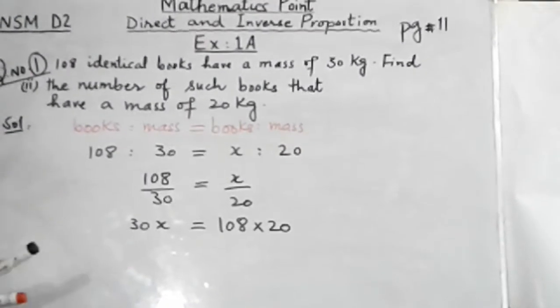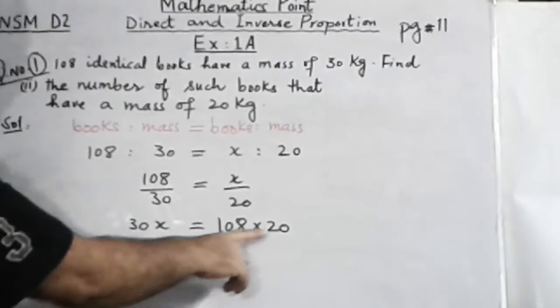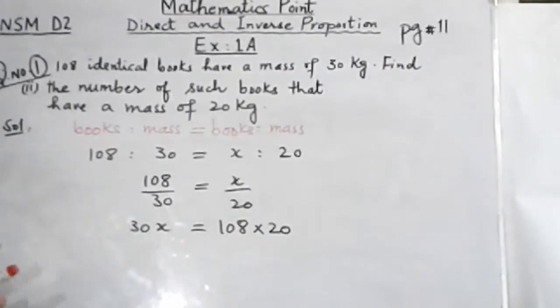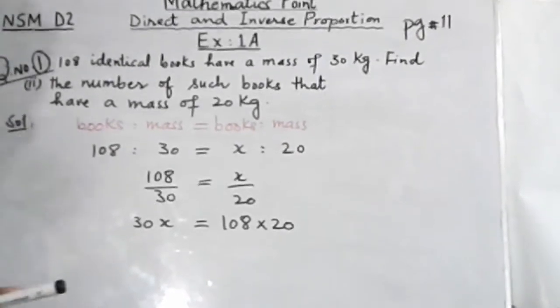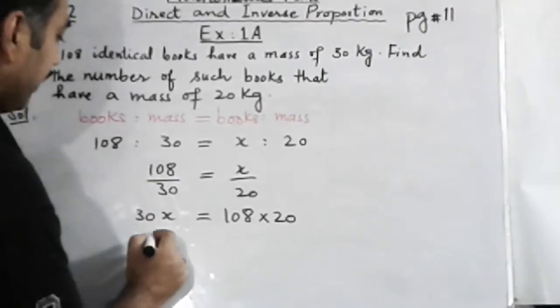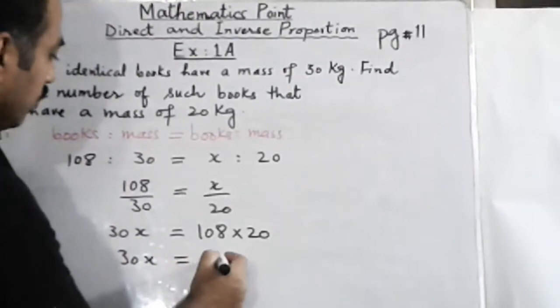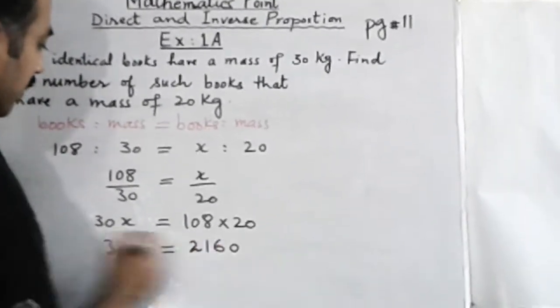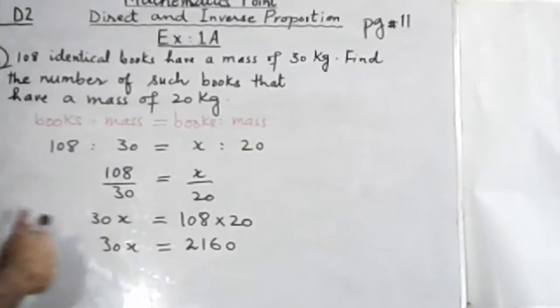So now multiply 108 with 20. So we get 2160. 30x is equal to 2160. Now divide this value by 30.